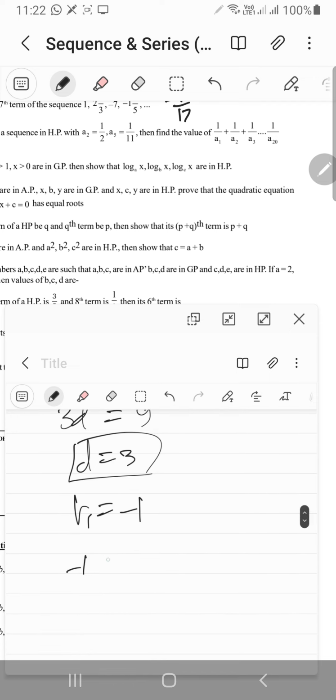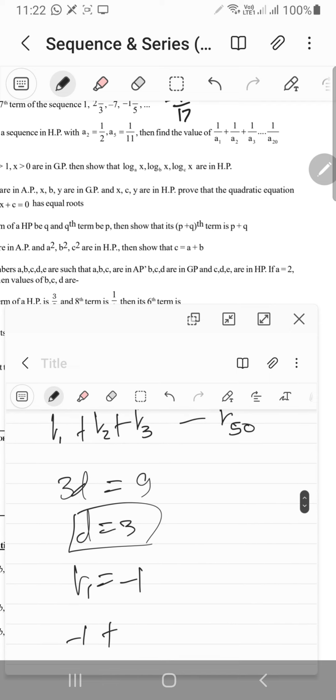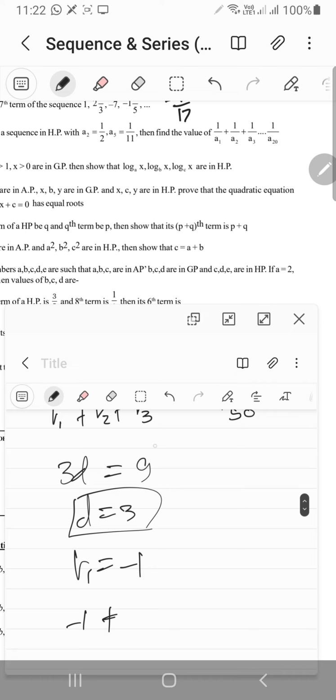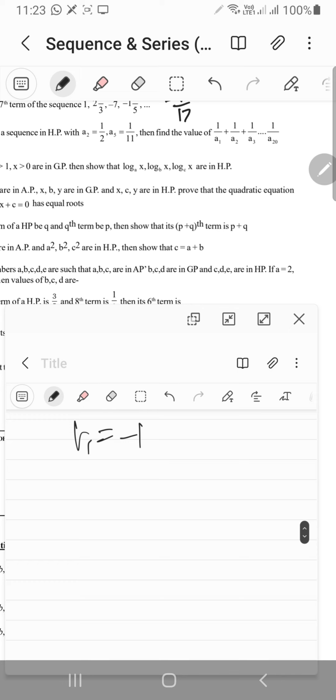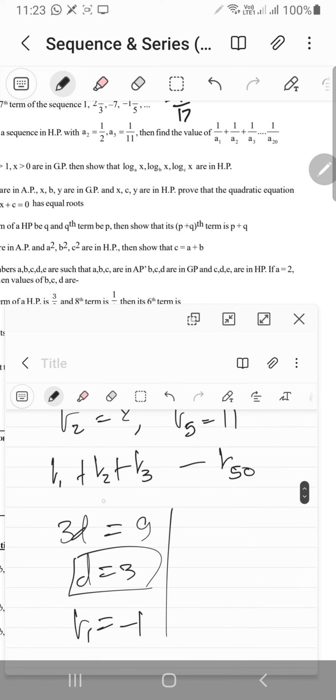Right. So it's just -1 plus... actually 2 times of that, right? Yeah. So how many terms are there? There are 50 terms. So 50/2 into a plus l, which we can write as 2a, which is -2, plus n-1, which is like 49. In fact, you just write this as 2a minus d.